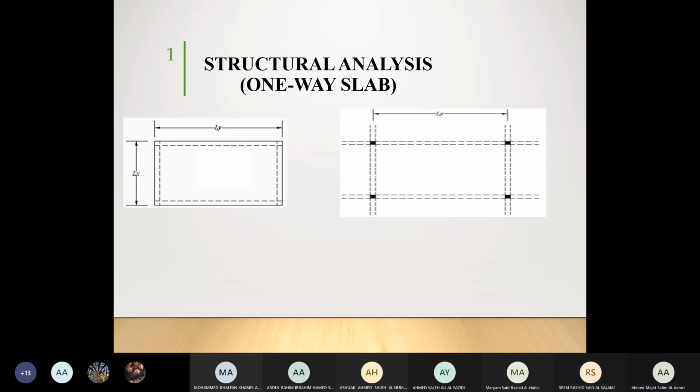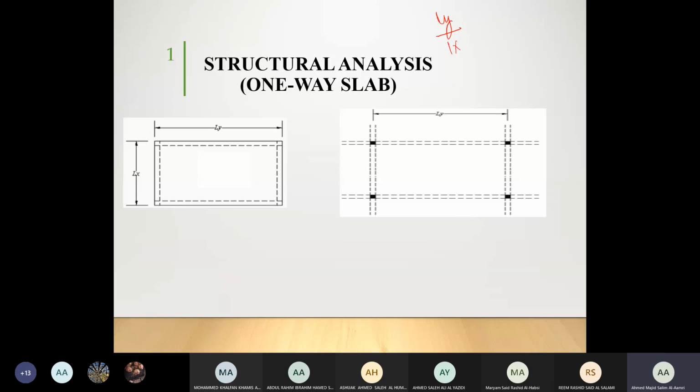Okay, so if we are assuming that this is going to be a one-way slab, how do we know whether the slab is one-way or two-way? You will know by dividing the longer span by the shorter span, which is Ly divided by Lx.